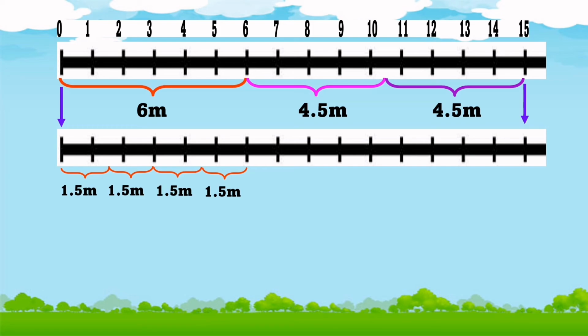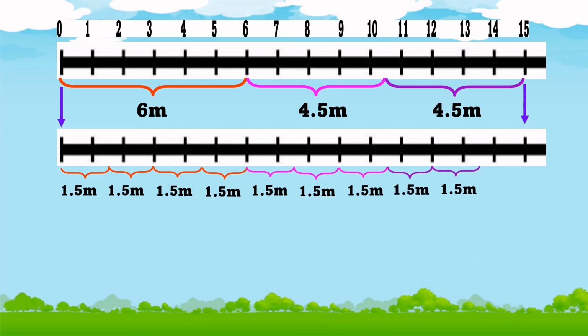And for 4.5 meters, you can have 1, 2, and 3 cuts of 1.5 meters each. Same with the last 4.5 meters.